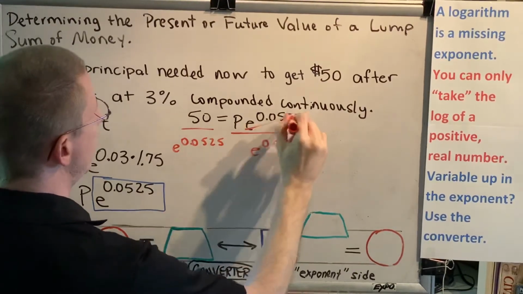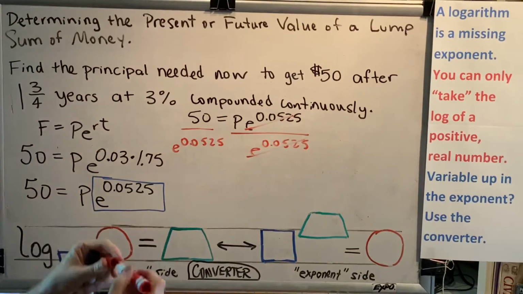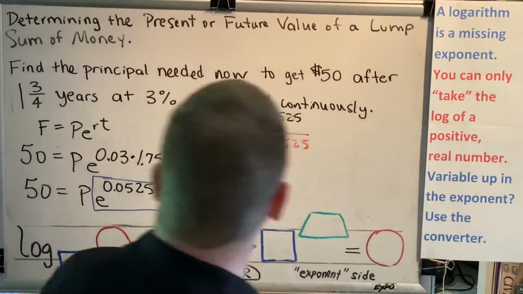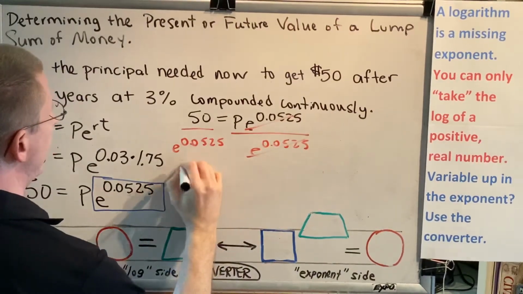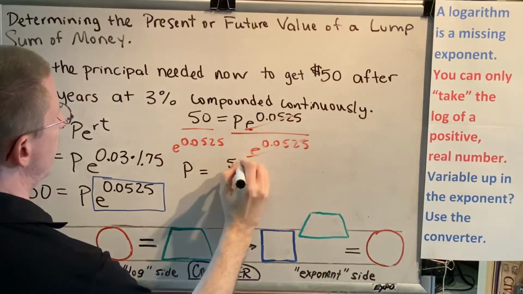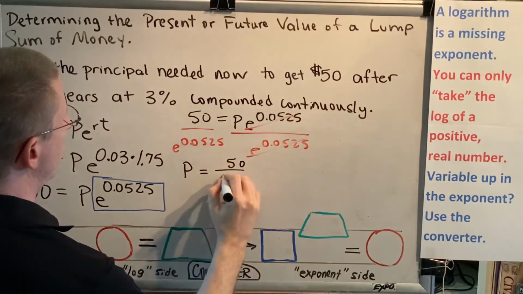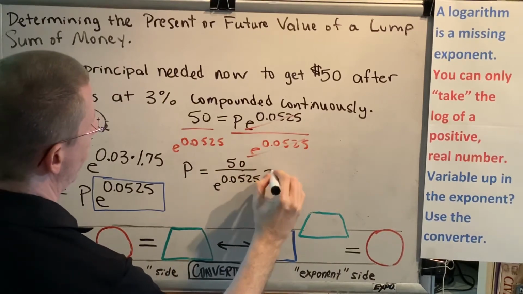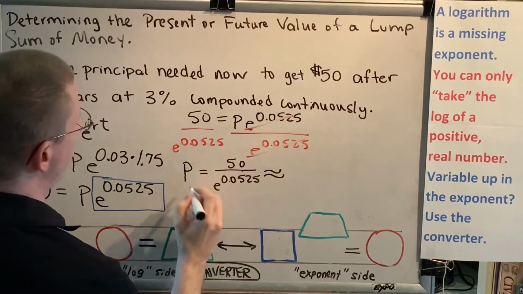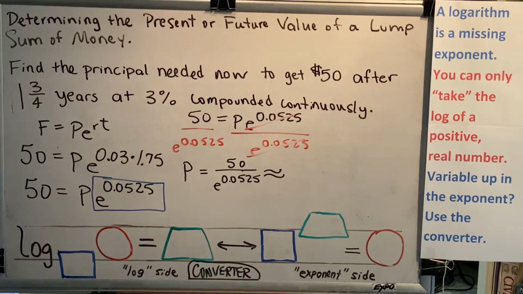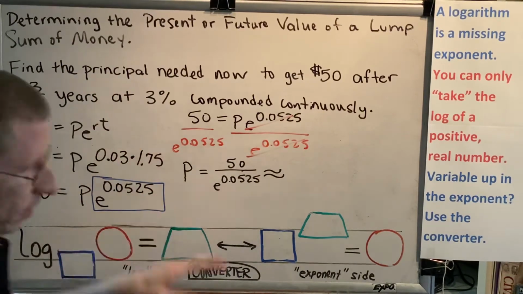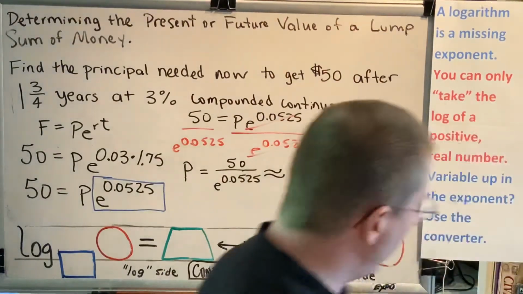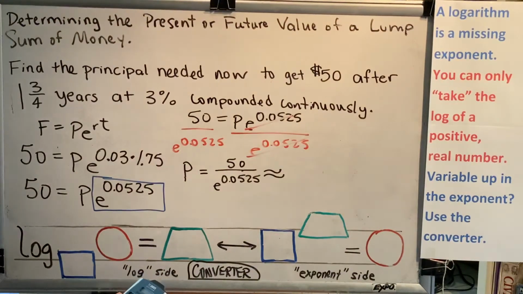The e to the 0.0525s cancel on the right side, and we're left with the exact answer, P is equal to 50 divided by e to the 0.0525 power. Now, of course, this is not a very practical answer. We need to know how much money we need now.